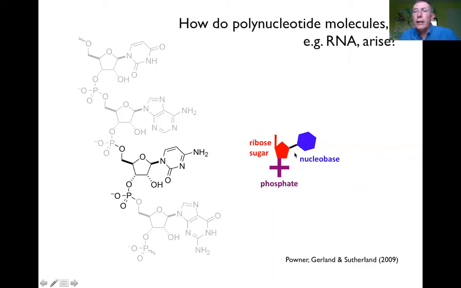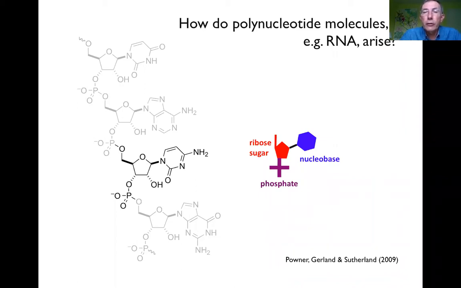So basically, the development of this prebiotic chemistry, which I'm going to describe in some detail for you right now, and which depends critically on UV light from the sun or from any star, is based on answering that question. How do molecules like RNA come to be in a chemical fashion?